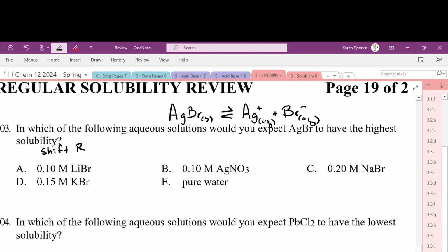Because if we have silver or we have bromide, those are going to shift it to the left. So no silver, no bromide. Oh, okay, so we're not shifting to the right, we're just not shifting left. Okay, so it's pure water.